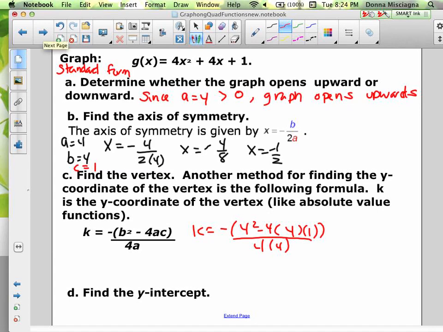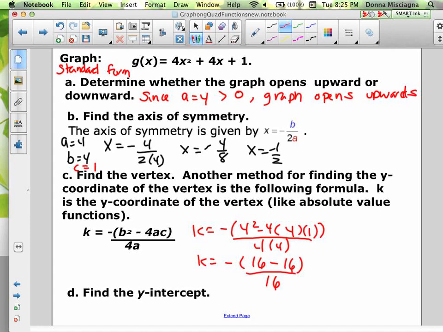Right, so that's going to be negative, and so that would be 16 minus 16 divided by 16.